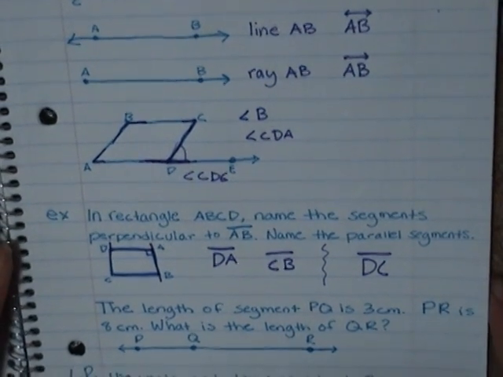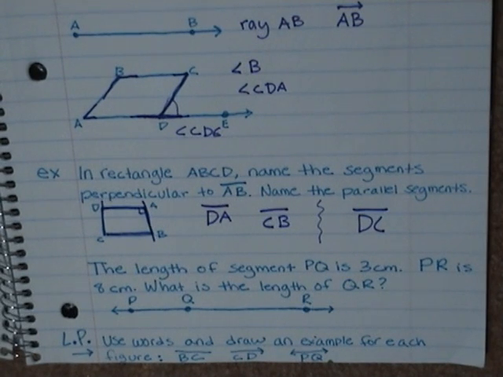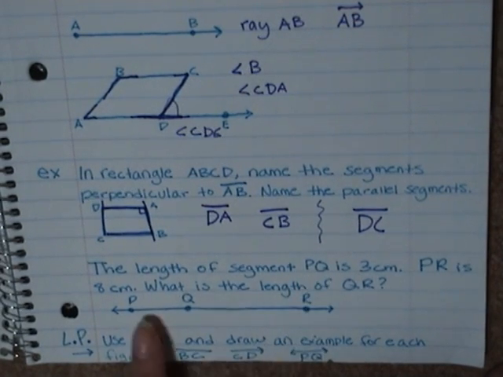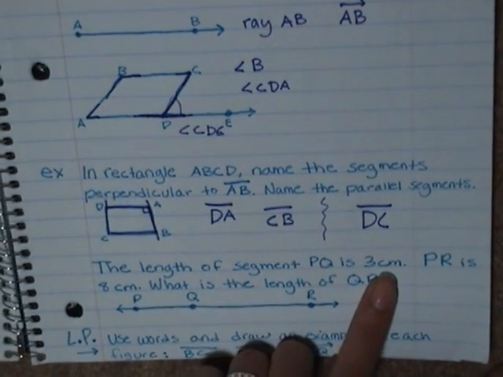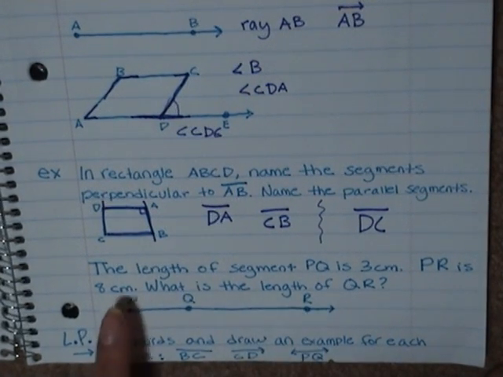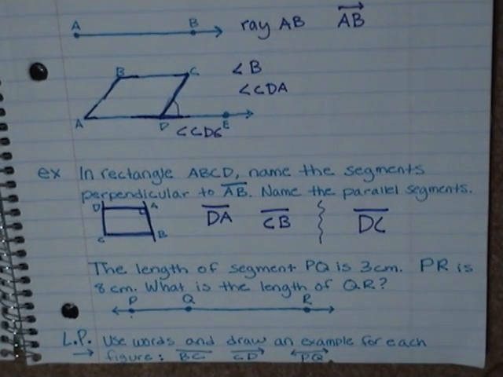Alright, and the last example for tonight, if you want to pause the video, you can go ahead and try it yourself. And it says, the length of segment PQ, right here, PQ, is 3 centimeters. PR is 8 centimeters. What is the length of QR?